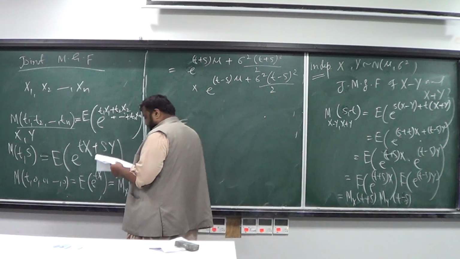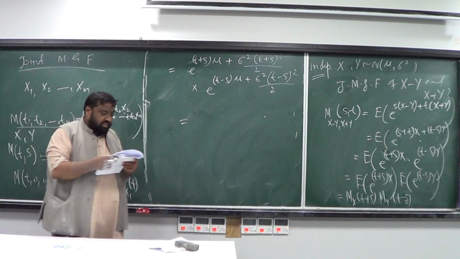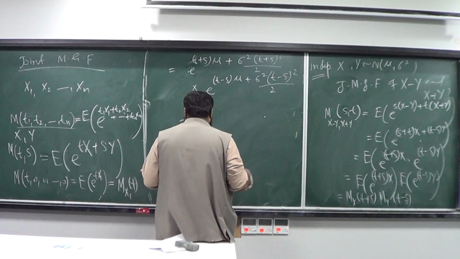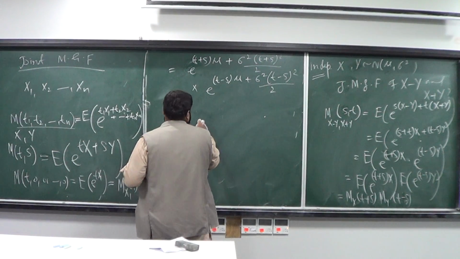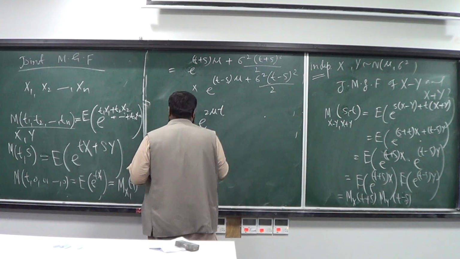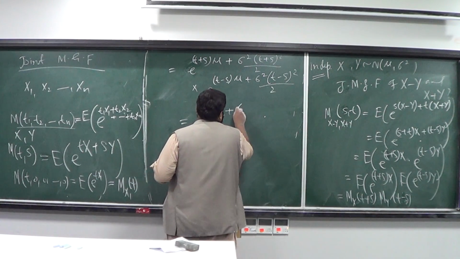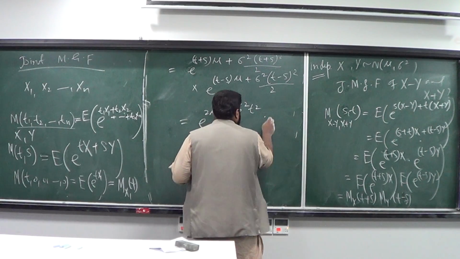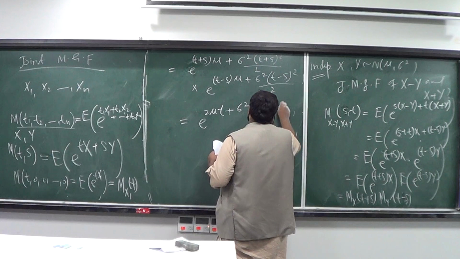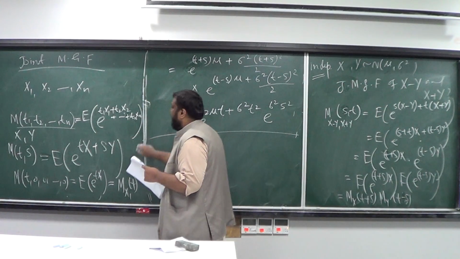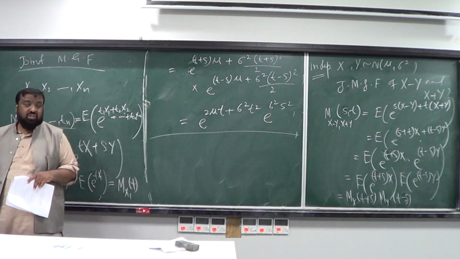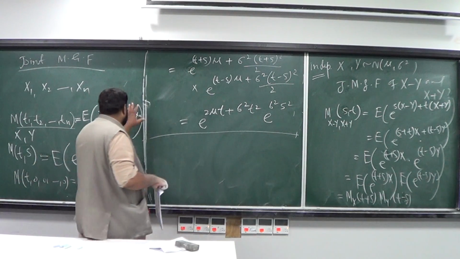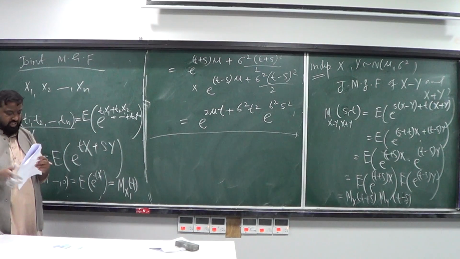If you simplify this, put the factors together and do all the cancellation, you get e to the 2 mu t plus sigma square t square, times e to the sigma square s square. So this is the joint moment generating function of x minus y and x plus y, which we calculated through this strategy that we just proposed.